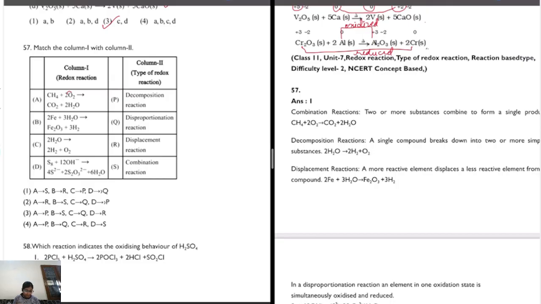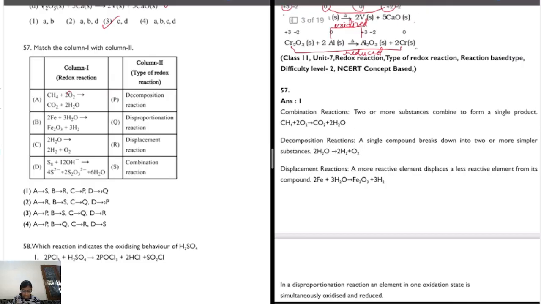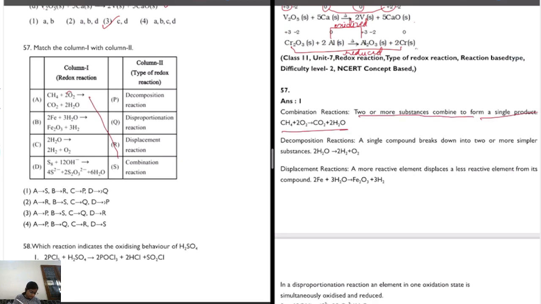So it is also an example of combination reaction because two or more substances combine to form a single product. Then in Fe plus 3H2O, you can see Fe is displacing here and becoming Fe2O3. Therefore, this is an example of displacement reaction.